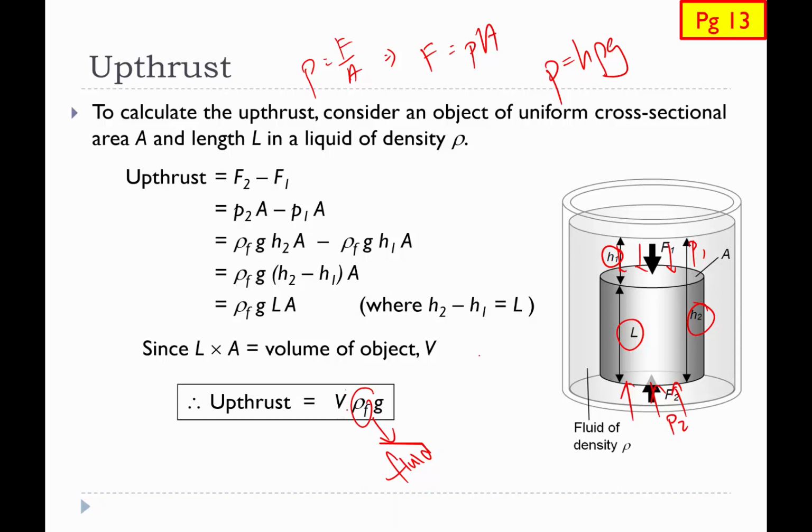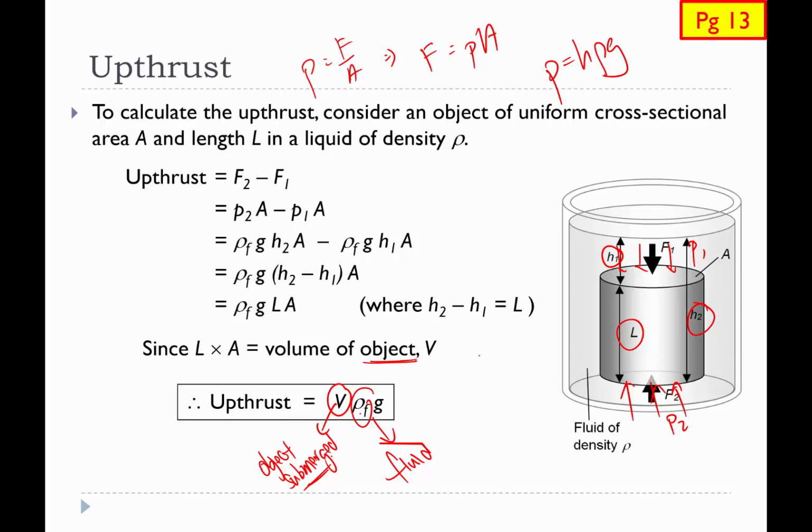At the same time, even though here we say that V is actually the volume of the object, what I want to clarify here is that V should have been the volume of the object submerged. So there are cases whereby the object is floating and maybe not the full volume of the object is submerged into the water or into the fluid. How we use the formula here is we are only considering the portion of the object that is submerged within the liquid.